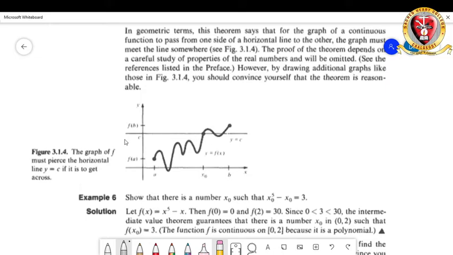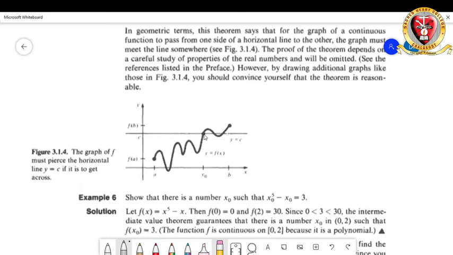Draw the straight line at c parallel to the x-axis. This straight line will be called y equals c. And the graph will definitely intersect this line at this point.